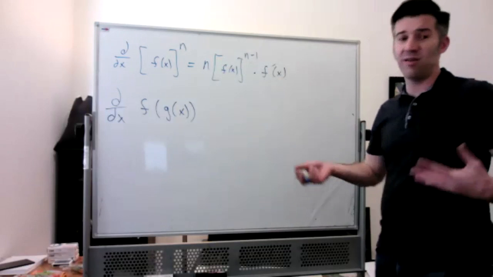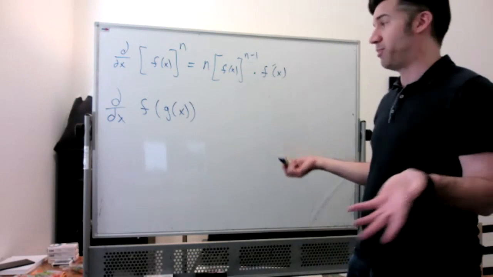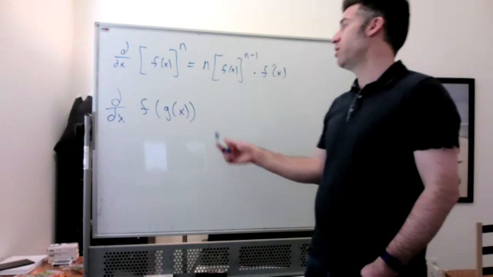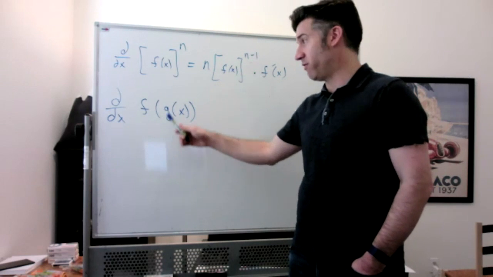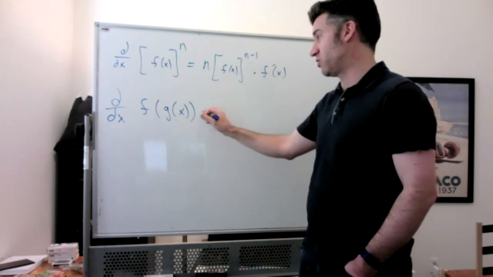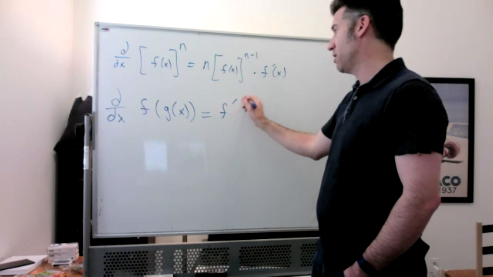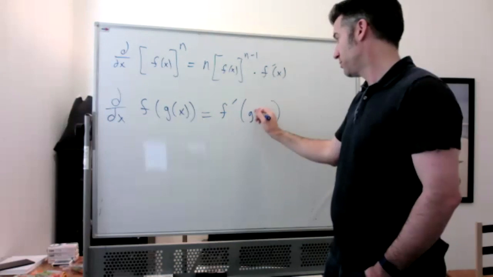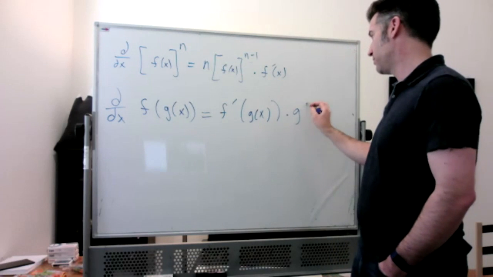I'm going to do an example that will hopefully help make it make sense. We're definitely not going to prove the chain rule because it's kind of complicated, but I'm going to show you an example to help you believe that it really does work. So, same idea. Derivative of f of g of x. I'm going to take the derivative of the outer function. So I'm going to get f prime of, I'm going to leave the insides alone, times the derivative of the insides.